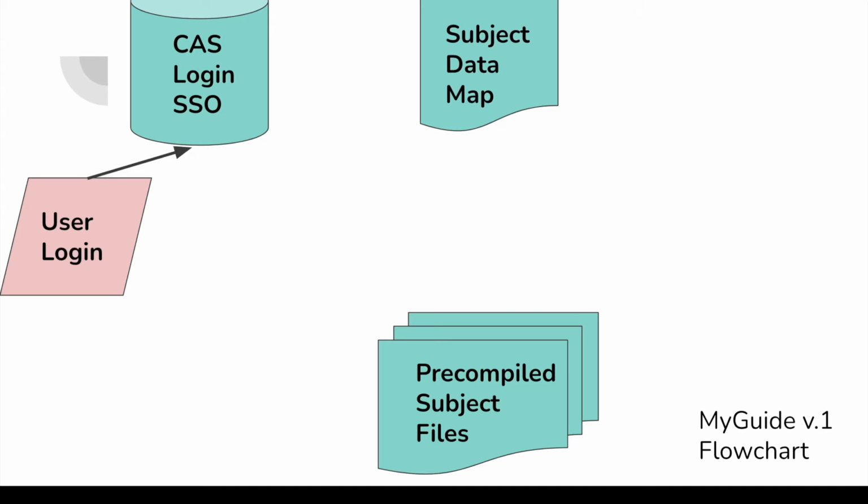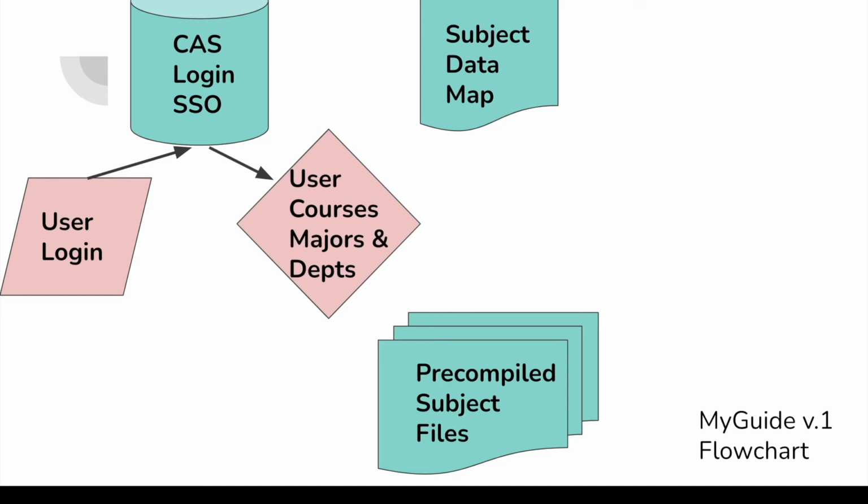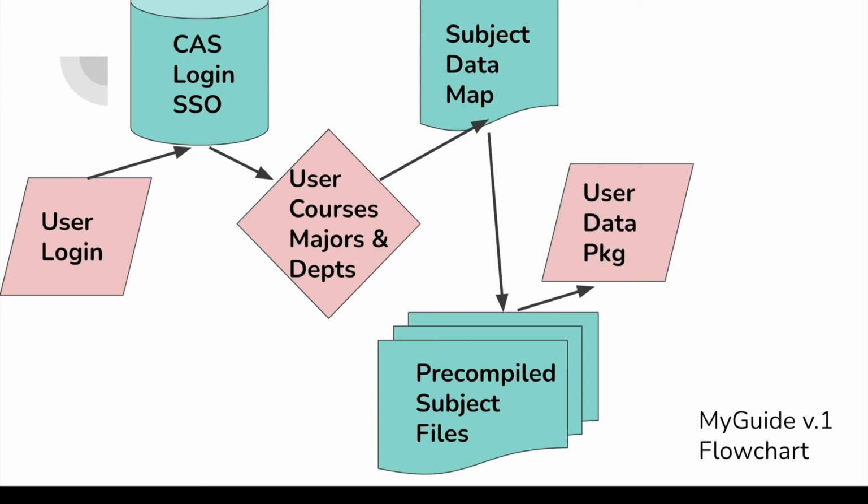When a user logs in, the system reads their subject affiliations. It identifies the associated LibGuide subjects and then pulls the pre-compiled file for each of those subjects. It takes a user's name and status, as well as all of the subject information, and assembles it into one data package. That package gets handed off to a script that generates a single web page featuring all of the information organized by subject area.